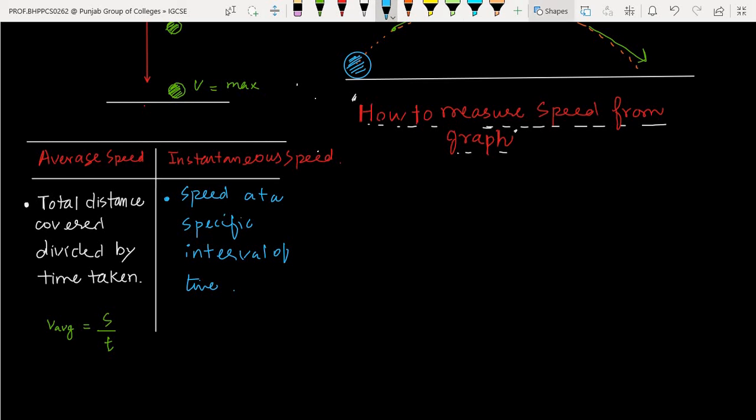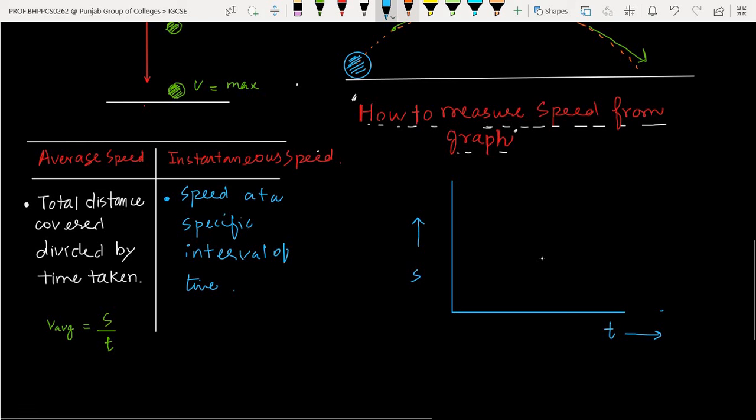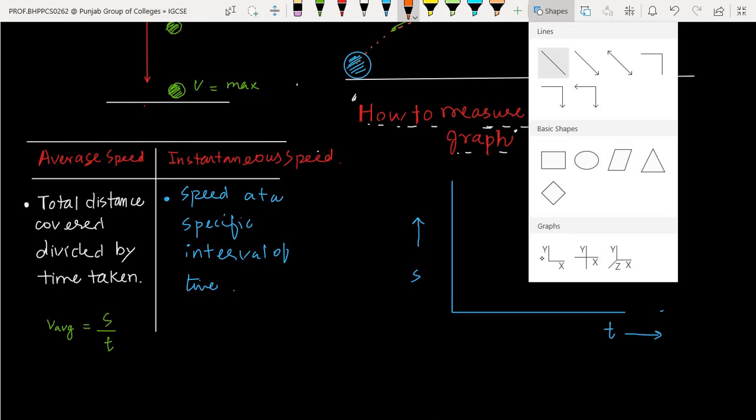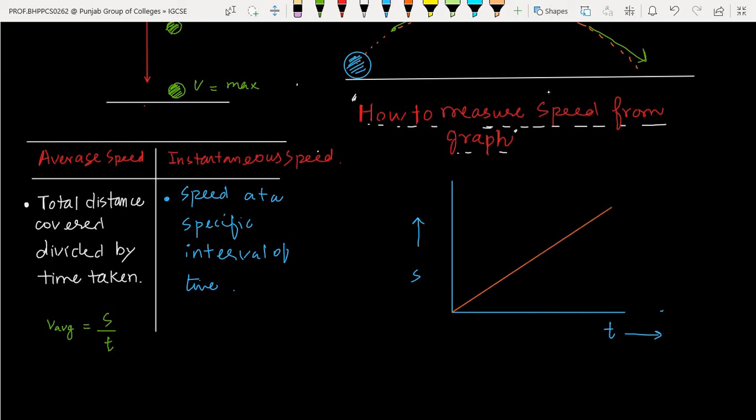For example, if we draw the graph between two quantities, the distance covered on the y-axis and the time taken on the x-axis, and if a body is moving with a uniform velocity, then it will have this graph. How do we know that the body is moving with uniform velocity?